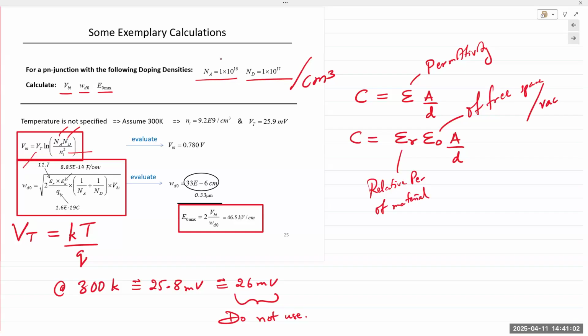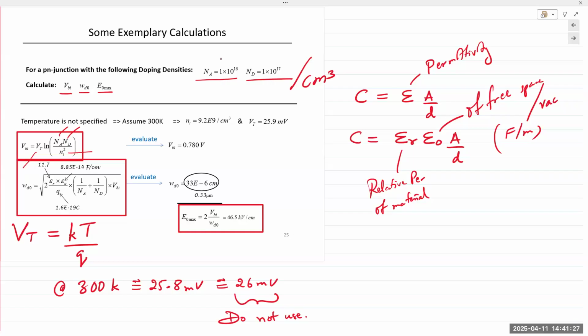Epsilon 0 has units of farads per meter. Epsilon r is dimensionless because it is a ratio, the relative permittivity of any material with reference to epsilon 0. Epsilon 0 is a constant.